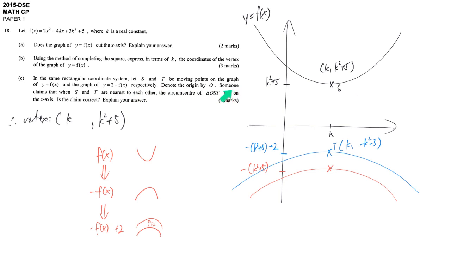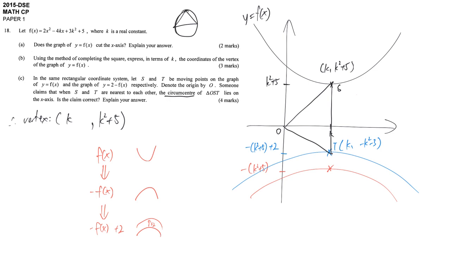And then they say that we are concerned about triangle OST and its circumcenter. O is here, and then we have S and T. That means this triangle OST. The circumcenter is the center of the circle passing through the 3 vertices of the triangle.